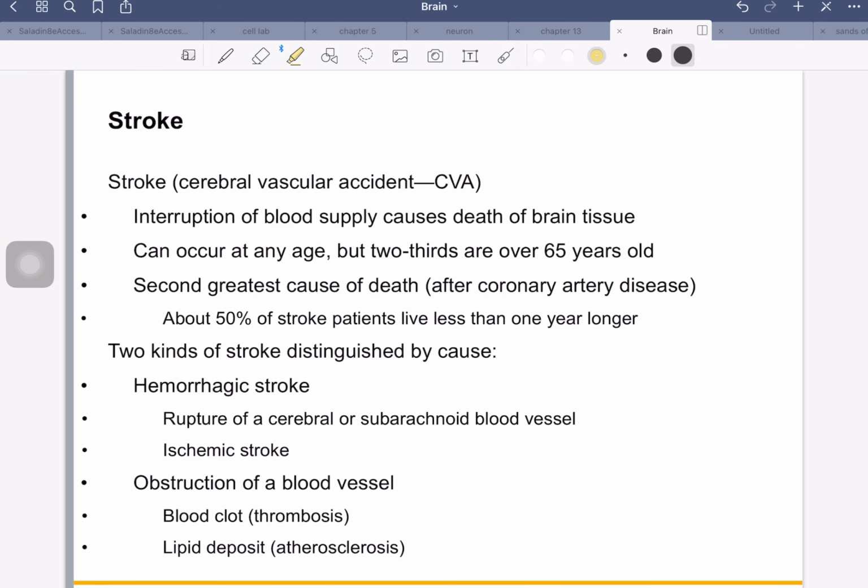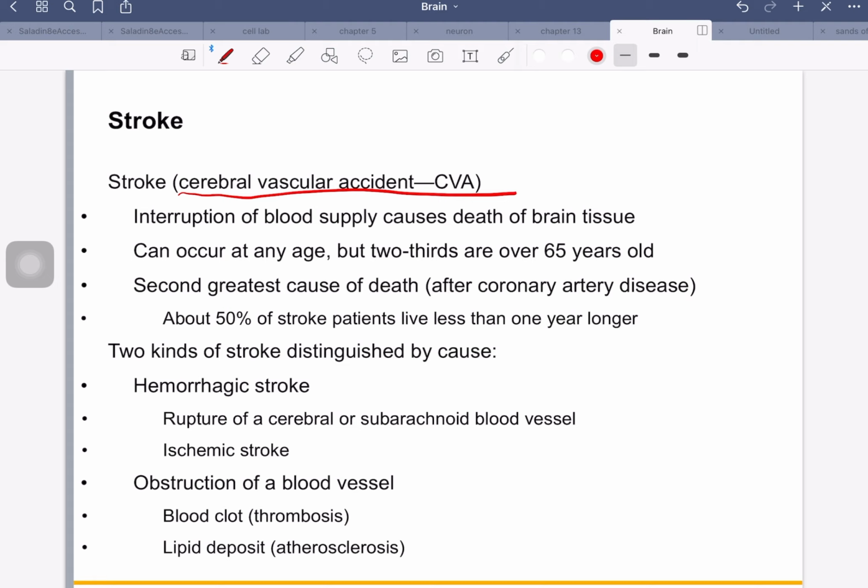I'm not going to say too much here about strokes, but since we are talking about it, a stroke, often referred to as a cerebrovascular accident, a CVA, is where you stop or interrupt blood supply, which can quickly cause death of brain tissue.